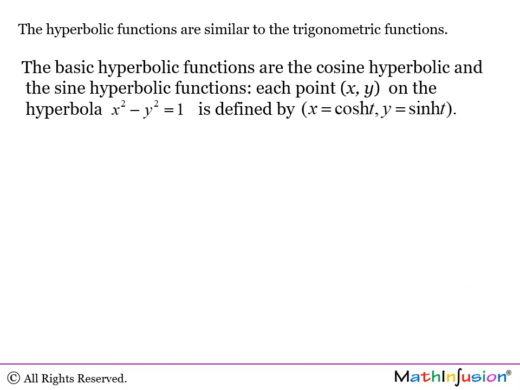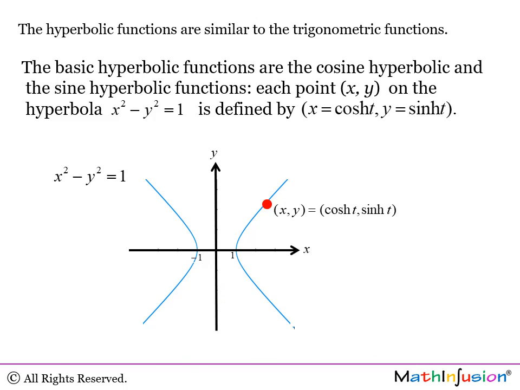The basic hyperbolic functions are the cosine hyperbolic and the sine hyperbolic function. Now each point x, y on the hyperbola x to the power of 2 minus y to the power of 2 equals 1 is defined by the x-coordinate being cosine hyperbolic t and the y-coordinate being sine hyperbolic t.